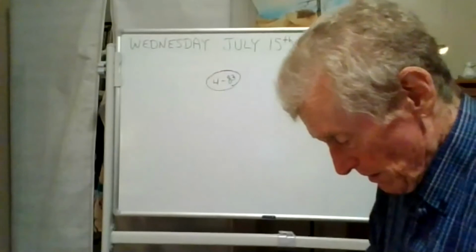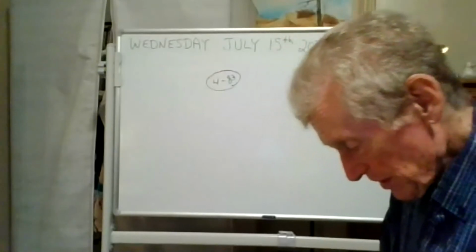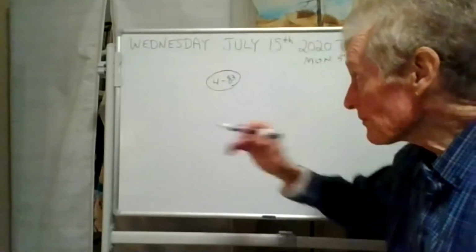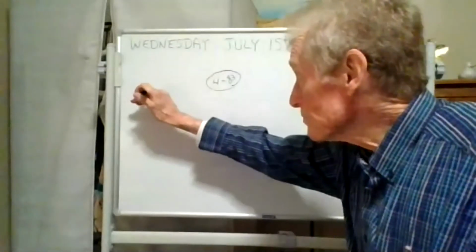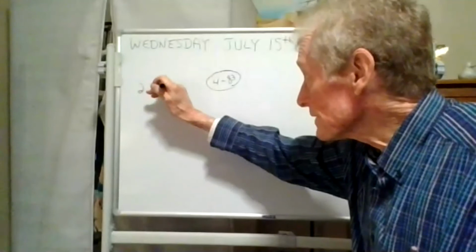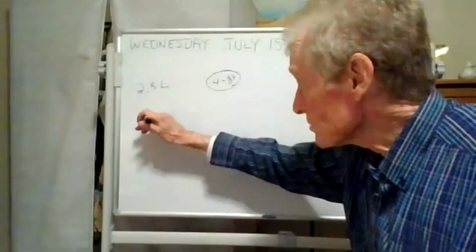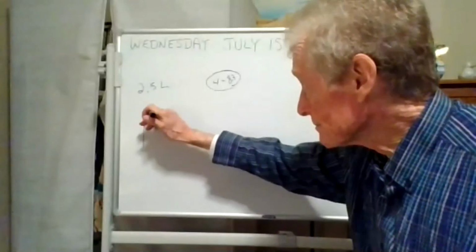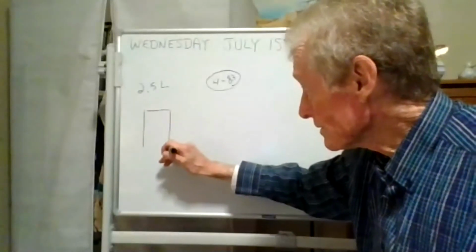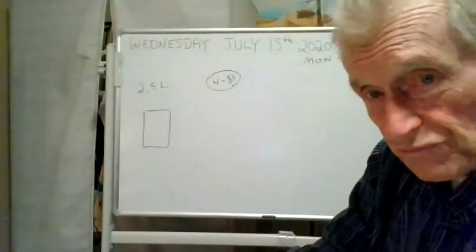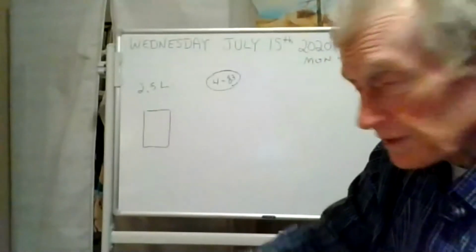Well, it's a tank that's empty. It's a 2.5 liter empty tank. Here, I'm going to draw you a picture of a tank. There it is. Only I don't like liters. We're going to get cubic meters.